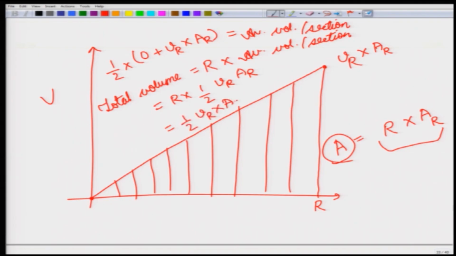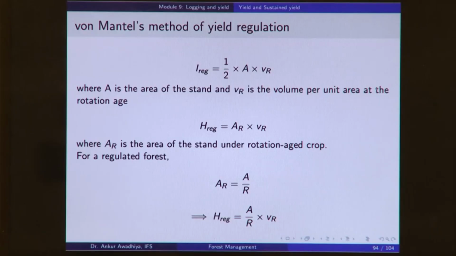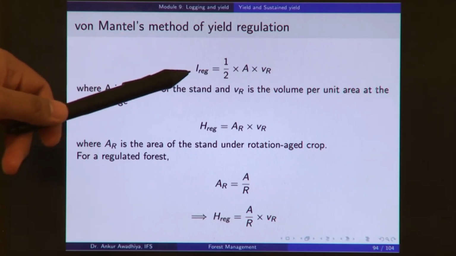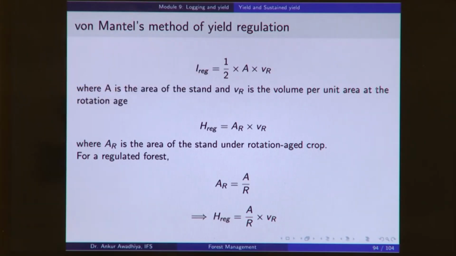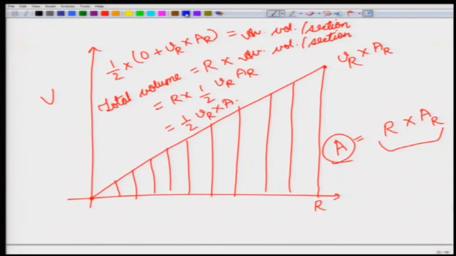So, this is what the von Mantel formula is saying, that the total inventory in a regular forest is half of VR into A. This is an ideal situation, because in practice this will not form a triangle. It is possible that here the volumes will be less and here the volumes will be more than what the von Mantel approximation is predicting.